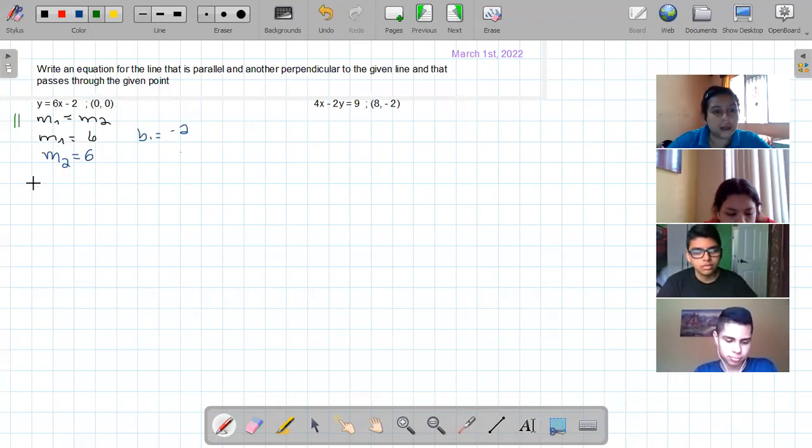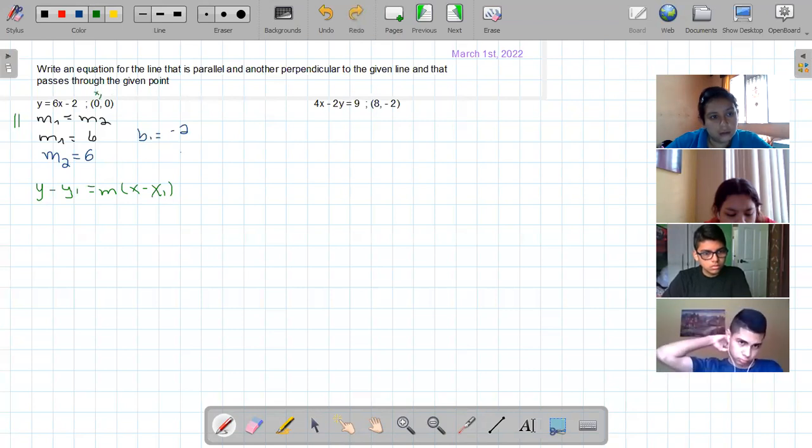So let's write the formula for point slope. y minus y1 equals m times x minus x1. And what is x1, y1? This given point. This is x1 and this is y1. So now I can go ahead and substitute.